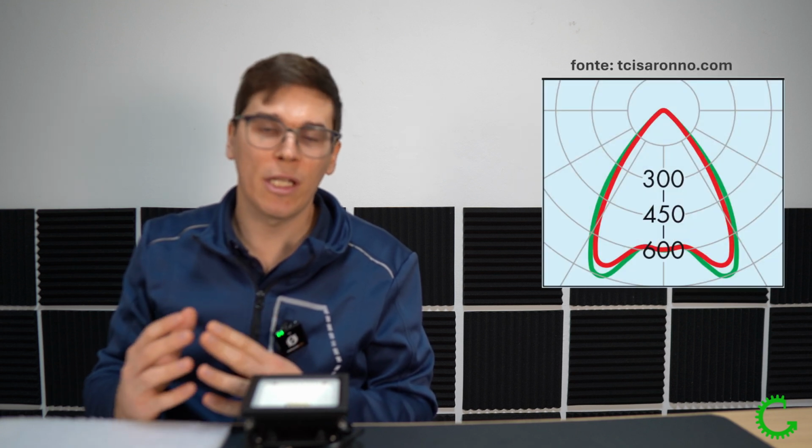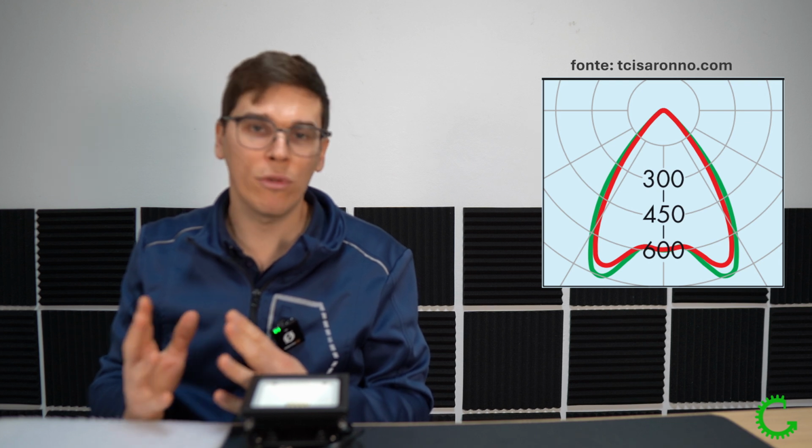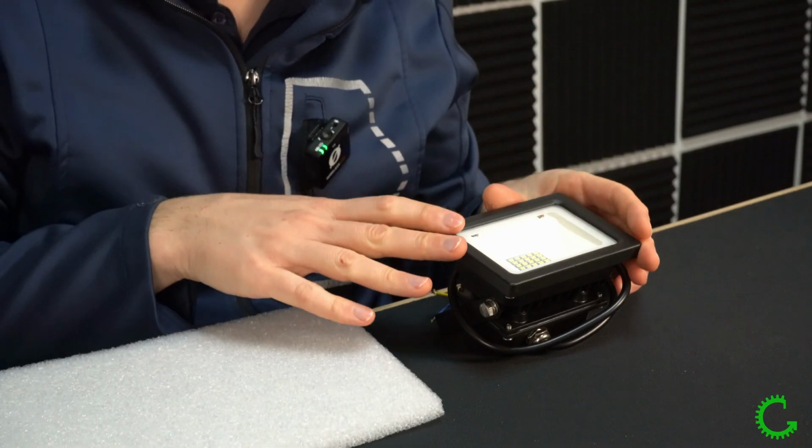The last important physics measure is the photometric curve, and it is a graphic representation of how the floodlight emits light. A floodlight can emit directional light, so more focused, or can have a wider opening and so emit more light in the near field.